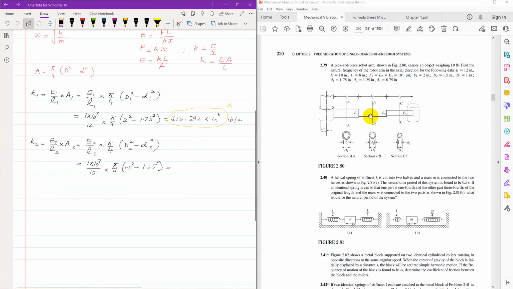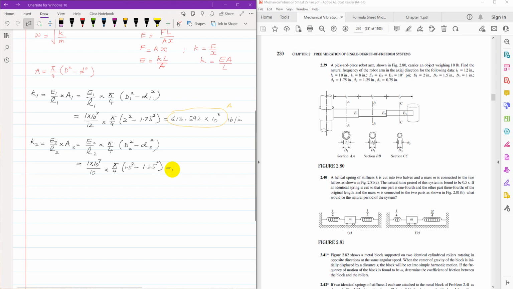Similarly, for the second section of the arm, K2 is E2 over L2 into A2, and the area of the second one is pi by 4 times D2 squared minus lowercase d2 squared, where L2 is 10 inches, uppercase D2 is 1.5 and lowercase d2 is 1.25.